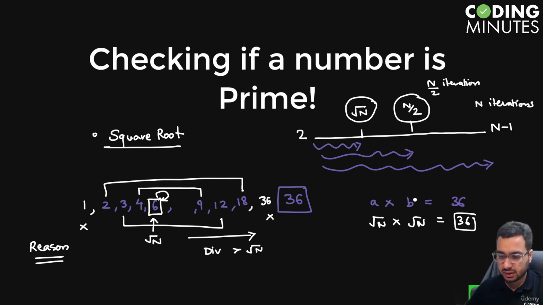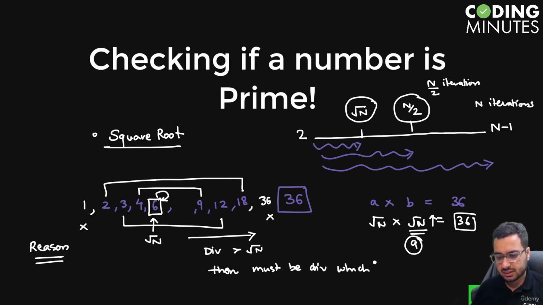Let's say you make it 9. So you say 9 is a divisor, so there must be a divisor which would be less than or equal to root n.